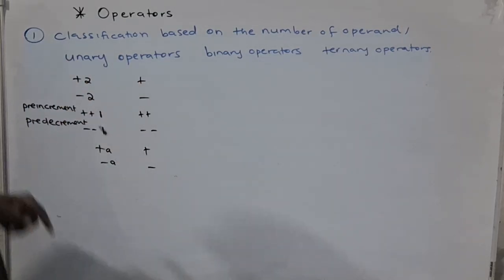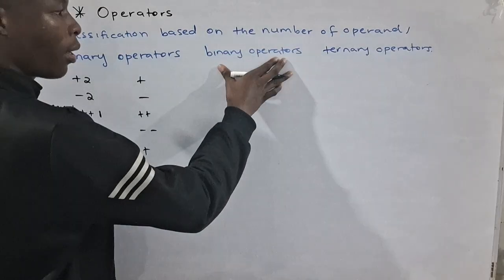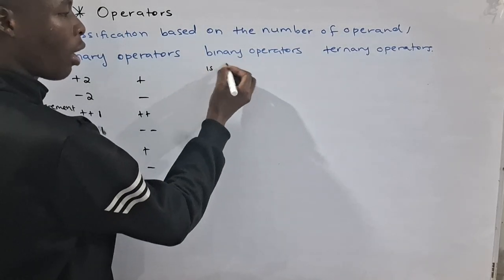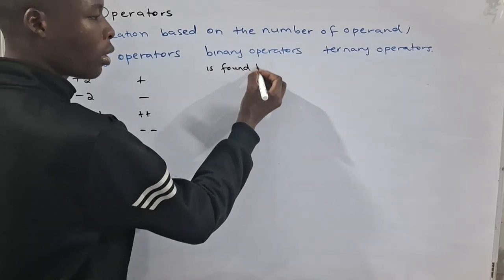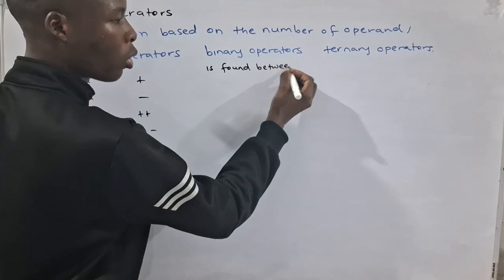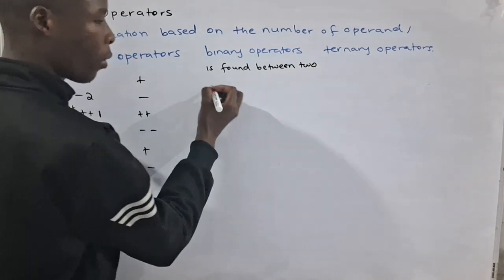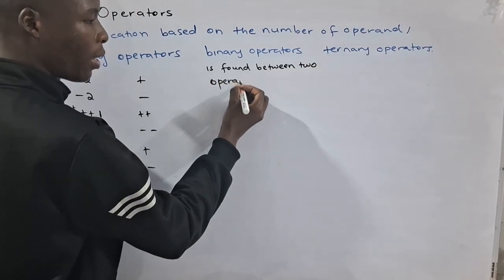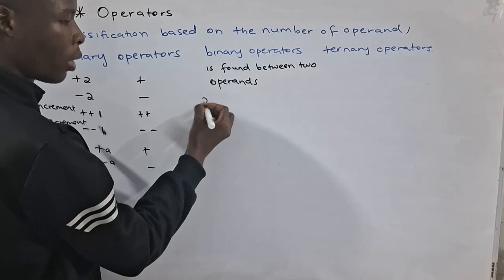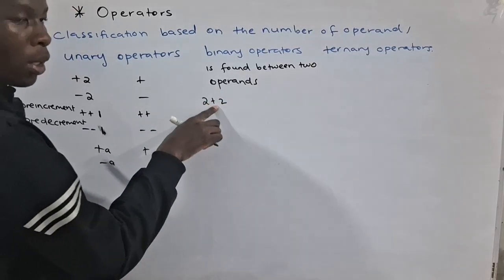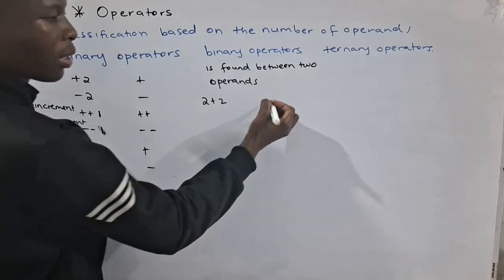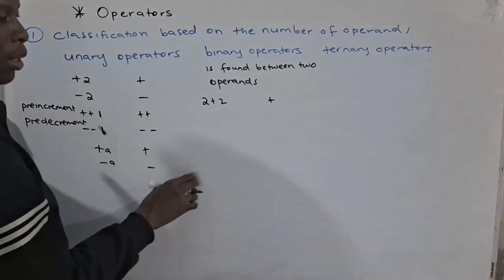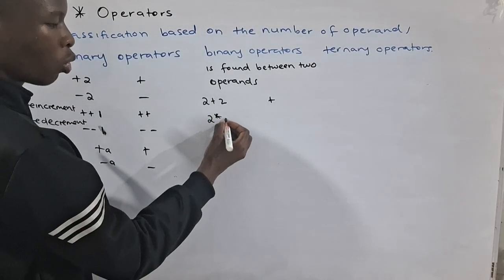So it is called a unary operator because it only has one operand. What about a binary operator? A binary operator is found between two operands. For example, you can say 2 plus 2. This positive is between two operands, so it is called a binary operator. You can say 2 into 2.